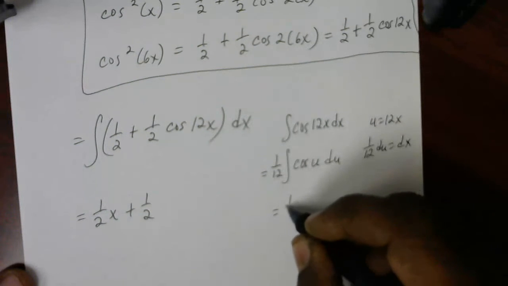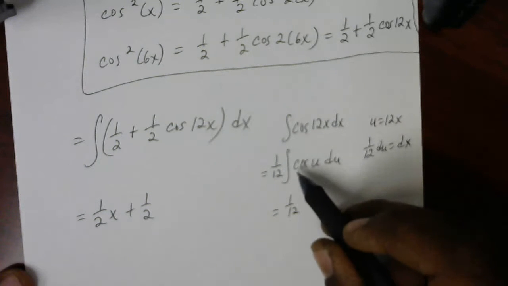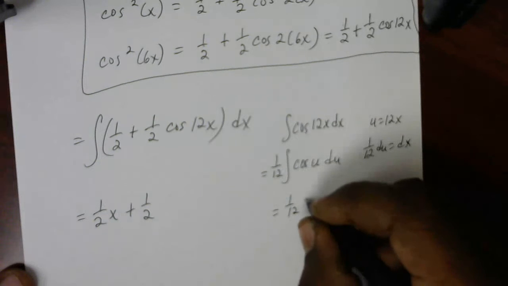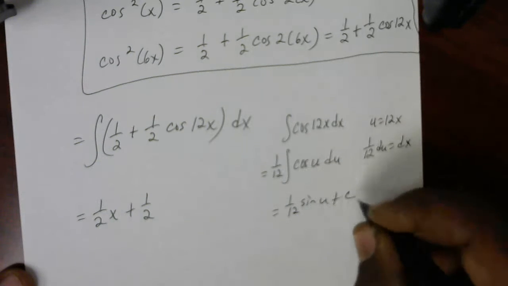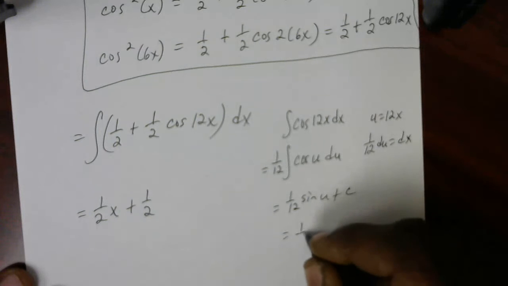Right, so this is equal to 1/12. The integral for cosine u is sine u, and I'll back substitute u for 12x.